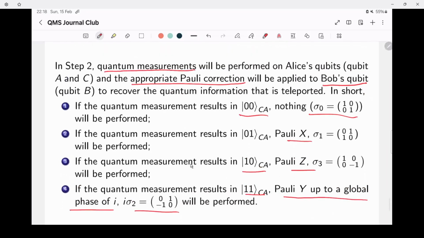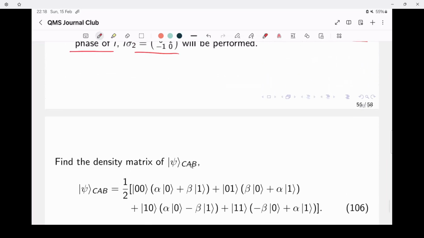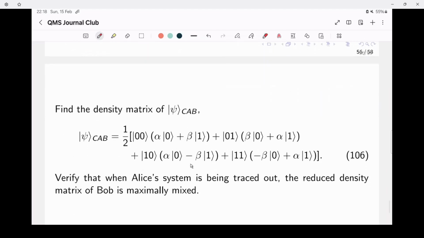So that's how you do quantum teleportation. So now how can we really show that there is no information that you can send to Bob through this Bell entangled state? The way to do it is first you identify what would be the density matrix for your CAB.